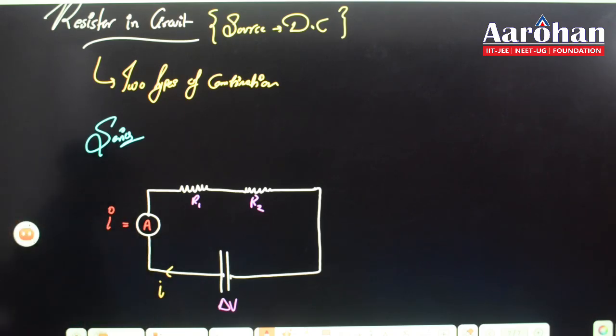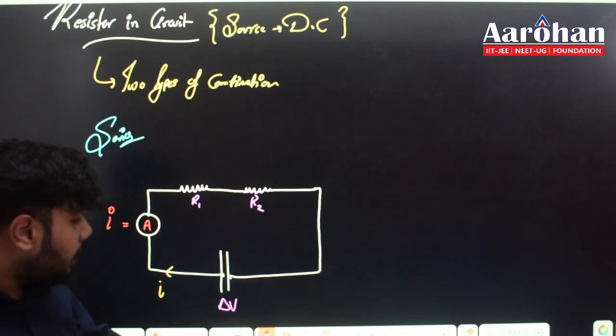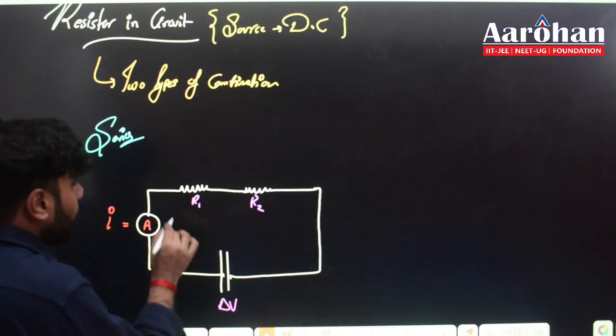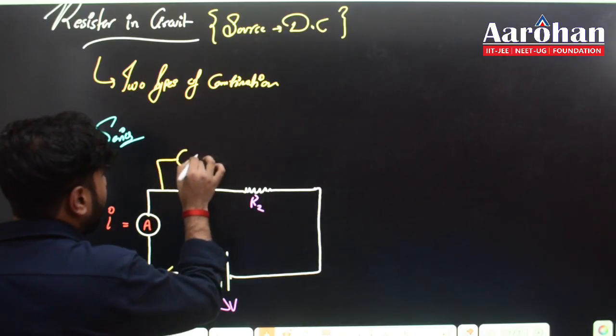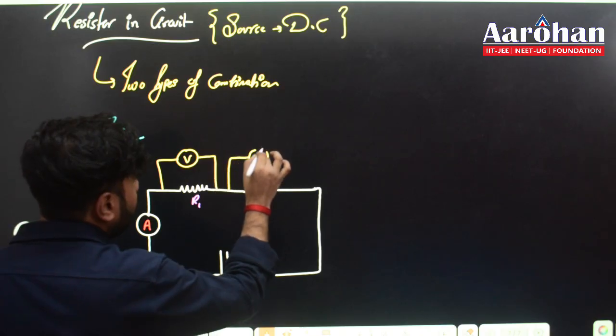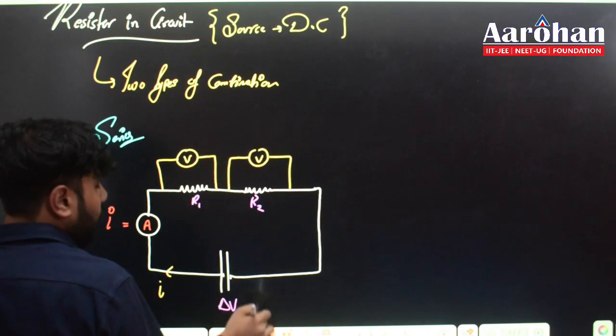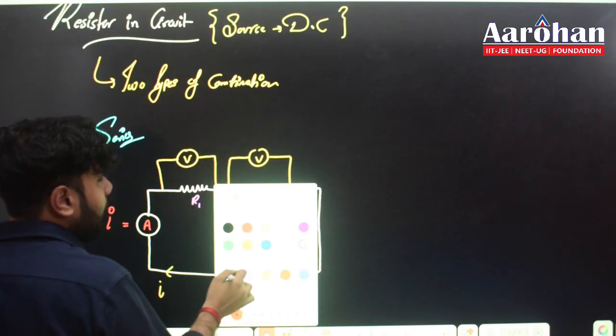So what you will see is, if you have resistors in series, they are going to have the same value of current. Why? We will discuss that also. But if you connect a voltmeter in parallel to each resistor, they are going to show different readings, assuming they are of different values.